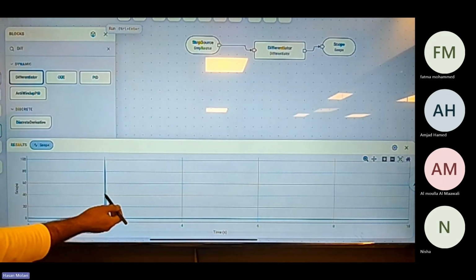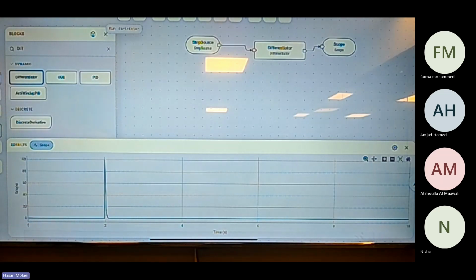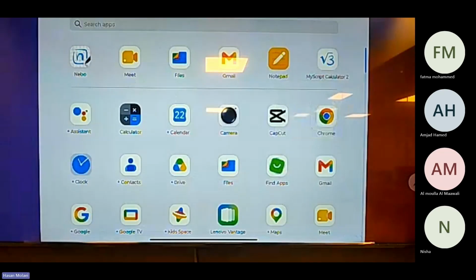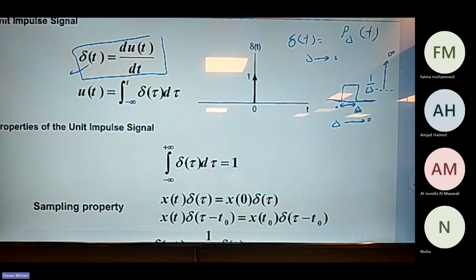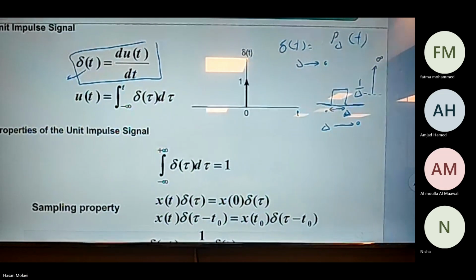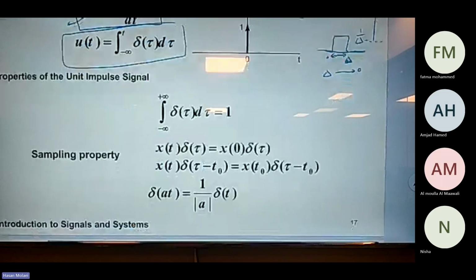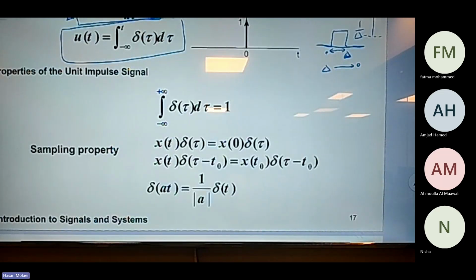It should be 1. By the definition of delta, this area should be 1. On the other hand, we know the unit step itself is the integral of the delta. Here we have one good property, which we call the sampling property.